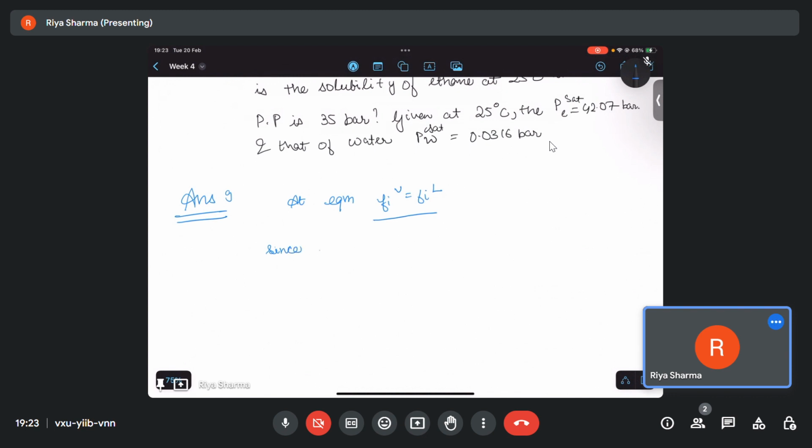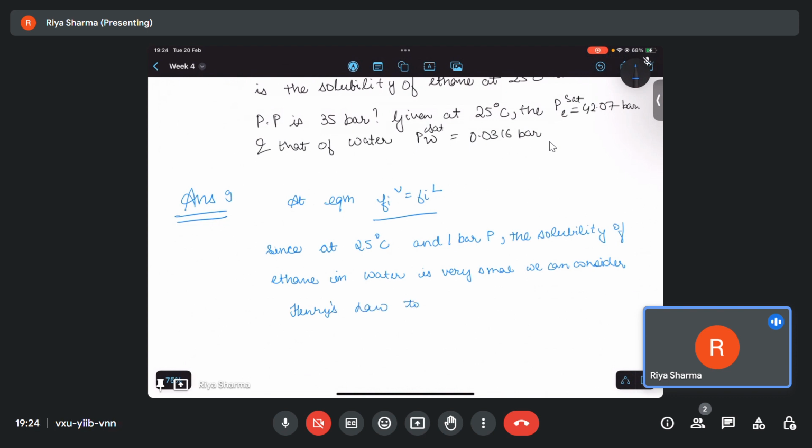Now, since at 25 degrees Celsius and 1 bar pressure, the solubility of ethane in water is very small, we can consider Henry's law to be valid. So this is our concept.